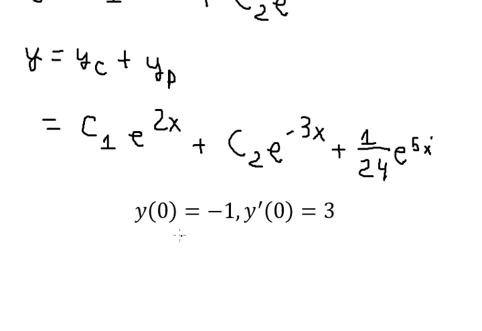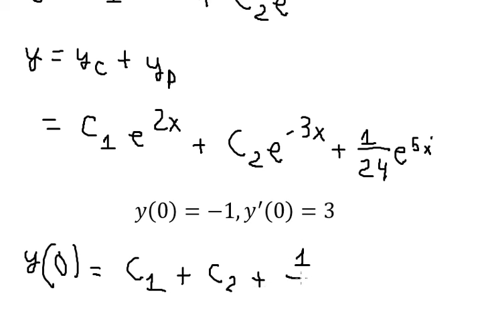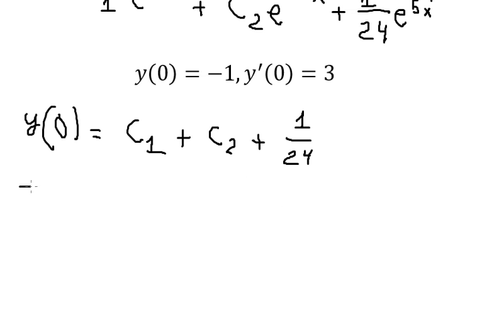So for the first one, when s equals number 0, y equals negative number 1. So when we put number 0 in here, that's a 0 in here, 0 in here, and 0 in here, we will have c1 plus c2 plus 1 over 24. And I will put negative number 1 in here.